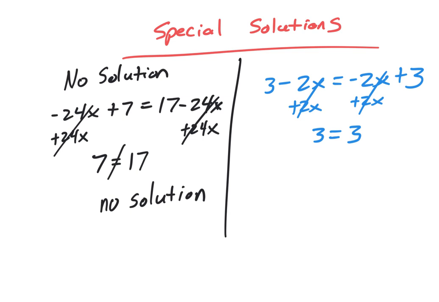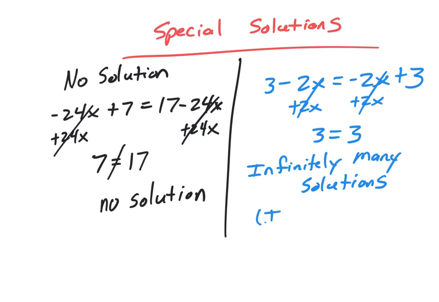Both sides are equal to each other. And that's always true, right? 3 is always equal to 3. And so what we say in this scenario is we call this infinitely many solutions. I usually refer to that as IMS.